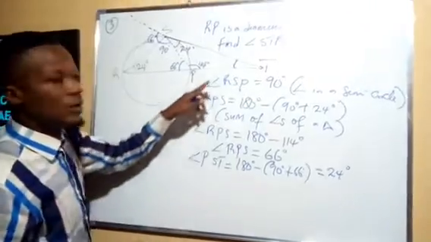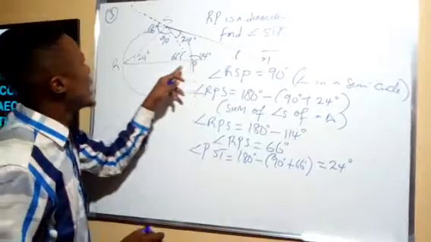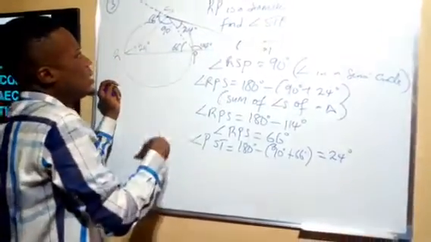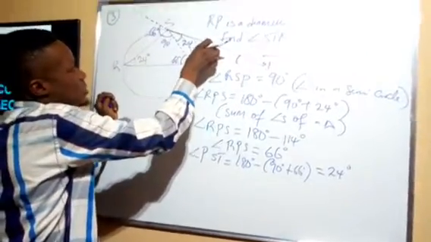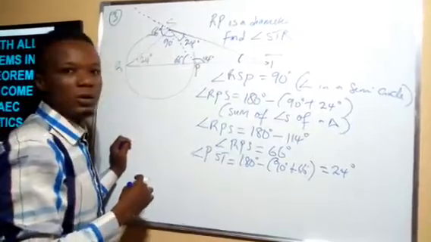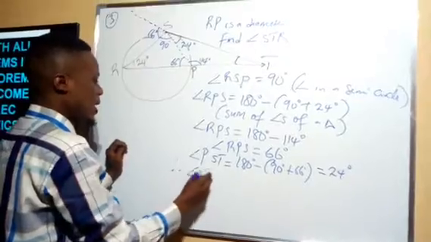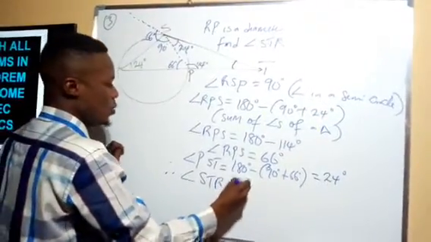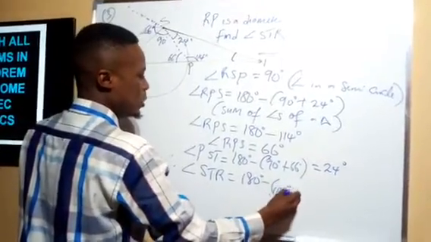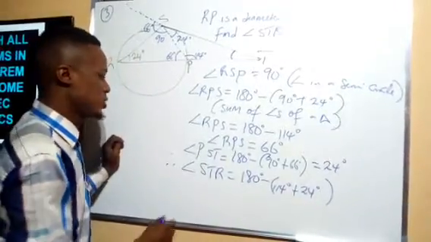So finally, to get what they want, they said we should get angle STR, which is this angle here. We have now seen that here is a triangle. So I will sum these two angles and remove it from 180 degrees to get the value of angle STR. Therefore, angle STR will be 180 degrees minus 114 degrees plus 24 degrees, reason: sum of angles in a triangle.